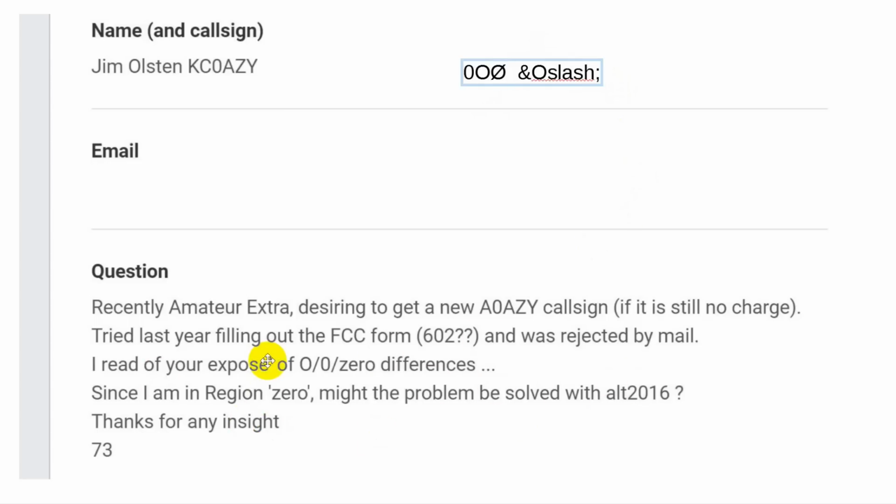It will not solve his problem. The problem that he has is that A0AZY is, one, not a U.S. call sign, and two, it's not a legitimate call sign at all, anywhere.